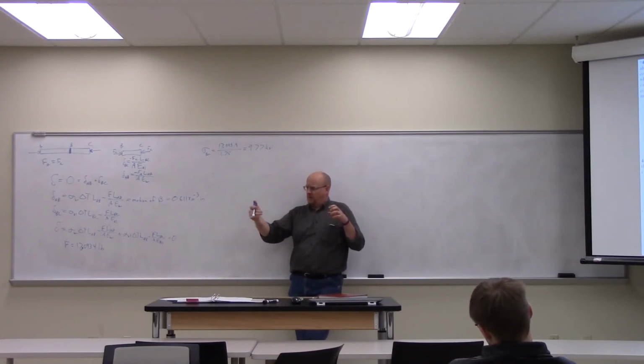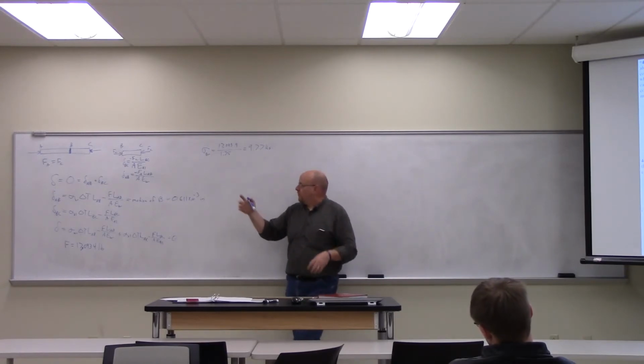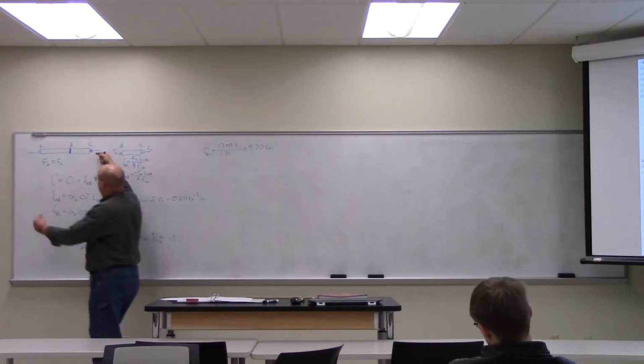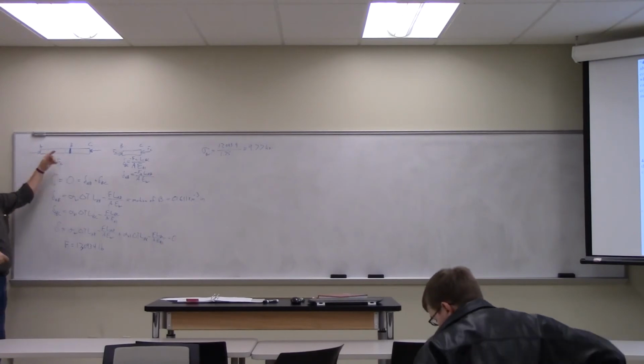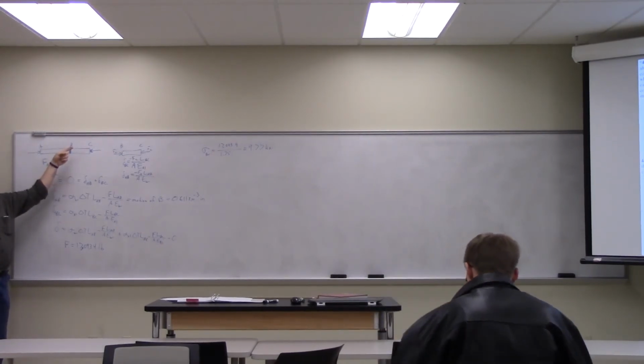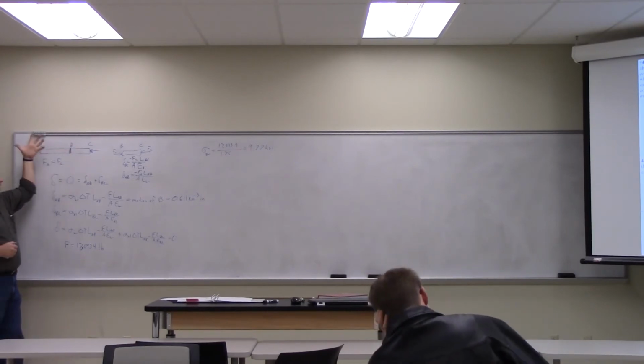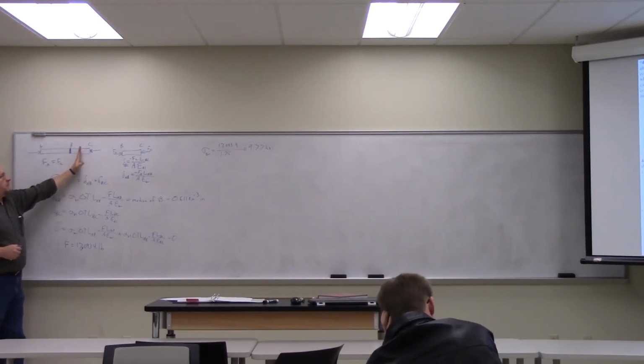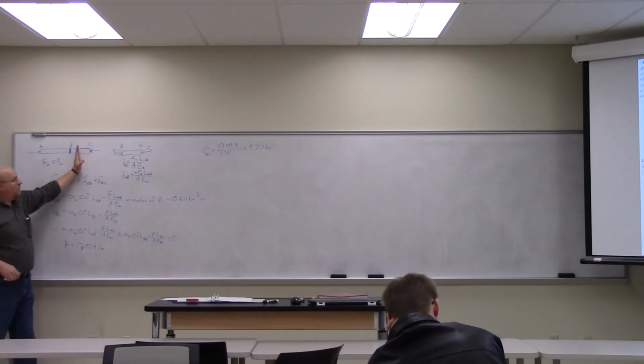Does that make sense? In other words, if this gets squeezed so badly that it yields, then it's not going to bounce back to where it was before. When I cool it back down, it's going to want to cool off to its yielded position, which is here. But it's rigidly affixed. So by superposition, I would then have to apply a tensile force in order to get it back to where it was.